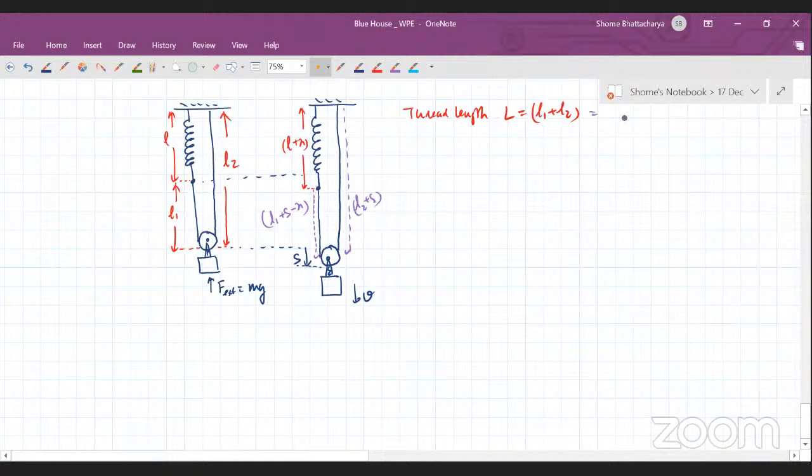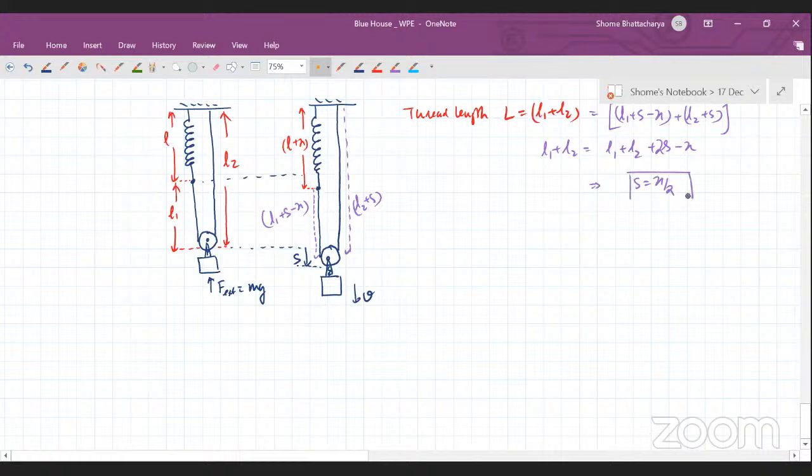So this must be equal to L1 plus S minus X plus L2 plus S, because the thread length is constant. Okay. So you can see that L1 plus L2 must be equal to L1 plus L2 plus S, sorry, plus 2S minus X. So that is why S must be equal to X by 2.